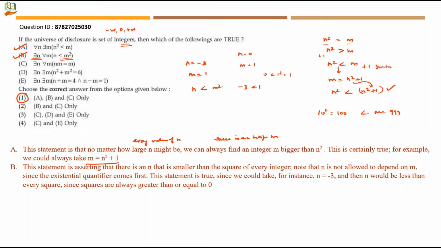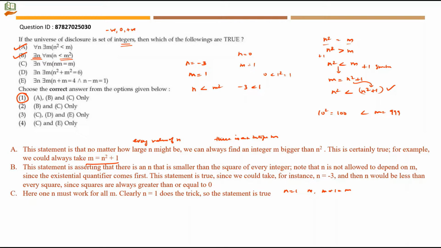B is also included. Now there exists a value n, for all m, n into m is equal to m. Which number has to be multiplied by every number so that we get the same number? Here n is equal to 1. For any number m, you will get m into 1 is equal to m. If it is 10, you will get 10.